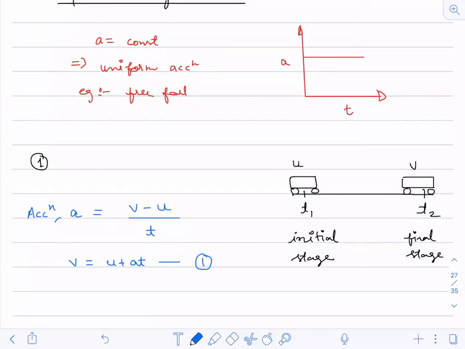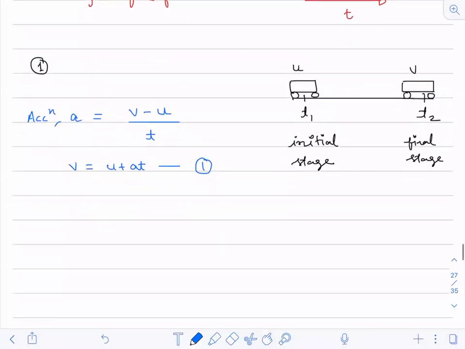If I know the initial velocity, the acceleration, and the time taken to change the speed from u to v, I can calculate the final velocity. This is the first speed equation.